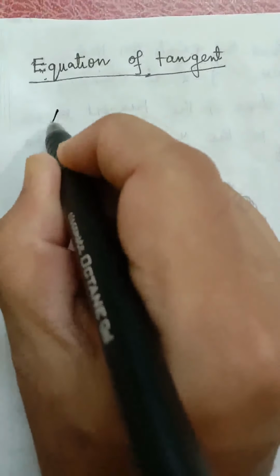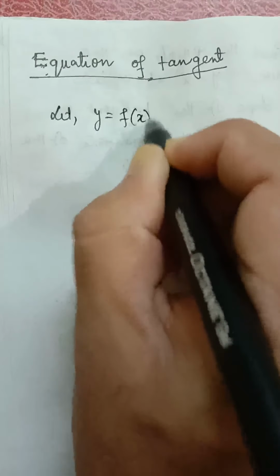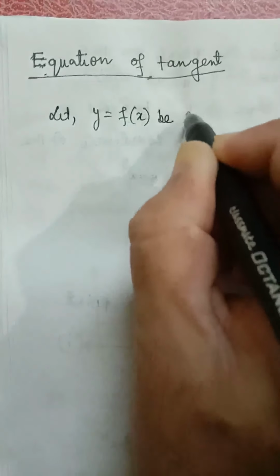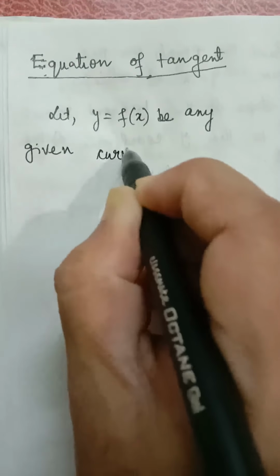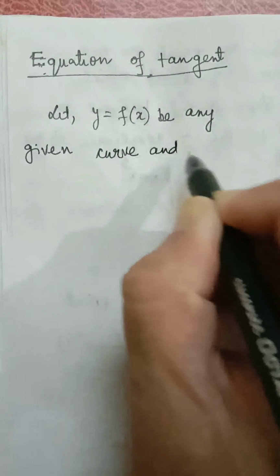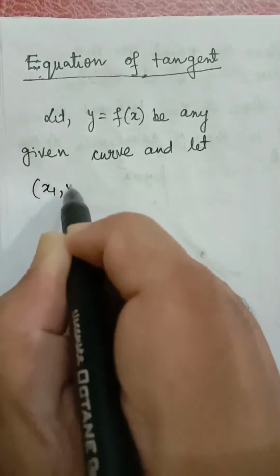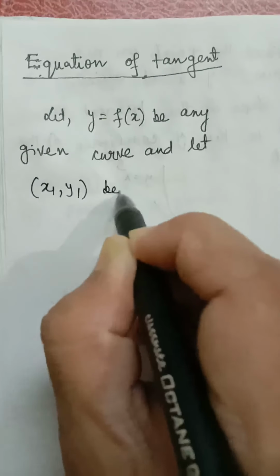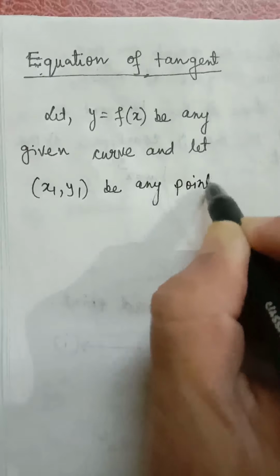Let y equal to f(x) be any given curve which is continuous, and let (x1, y1) be any point on it.